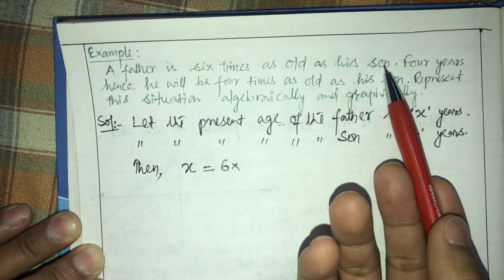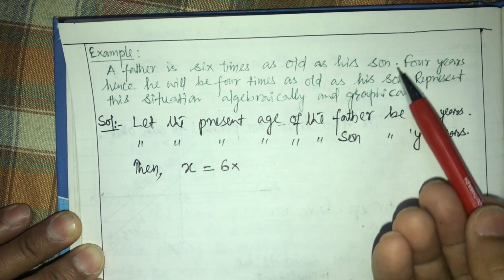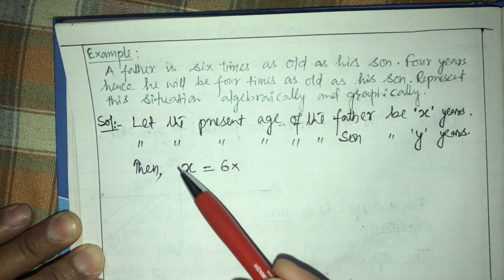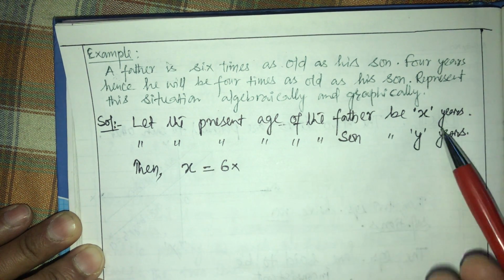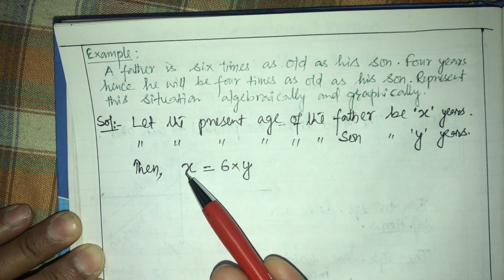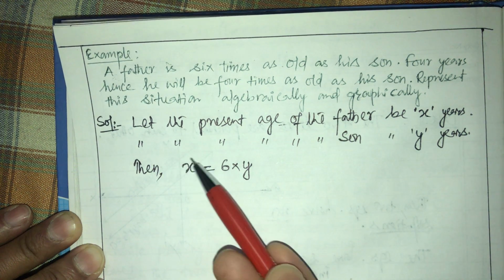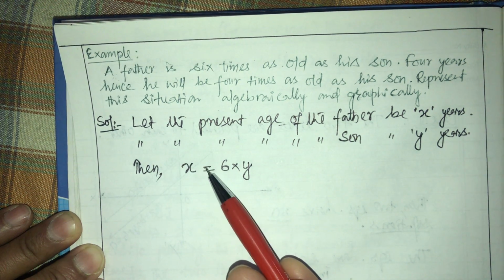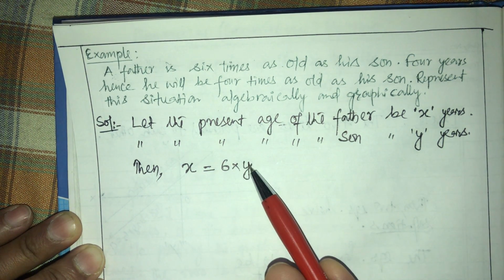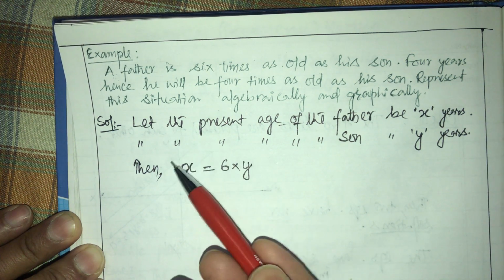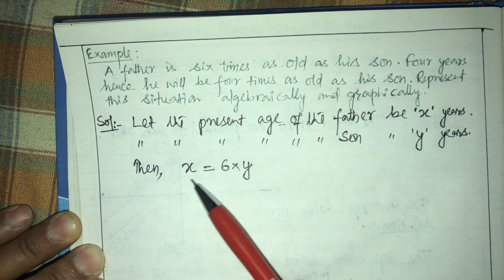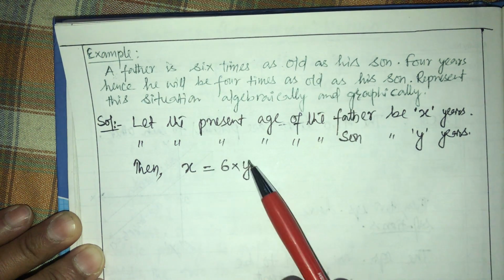This first statement is about the present age. The present age of the father is x, and the present age of the son is y. So the age of the father is equal to 6 times the present age of the son. This is how we convert a statement into an equation algebraically.